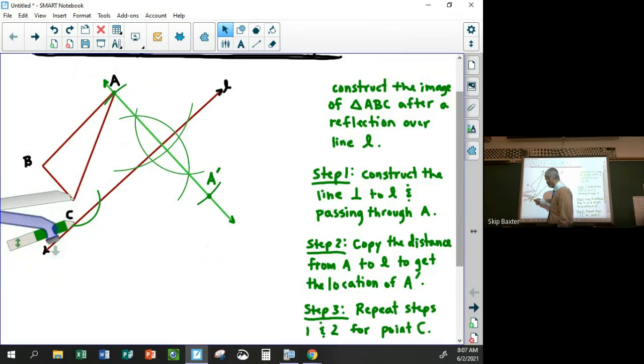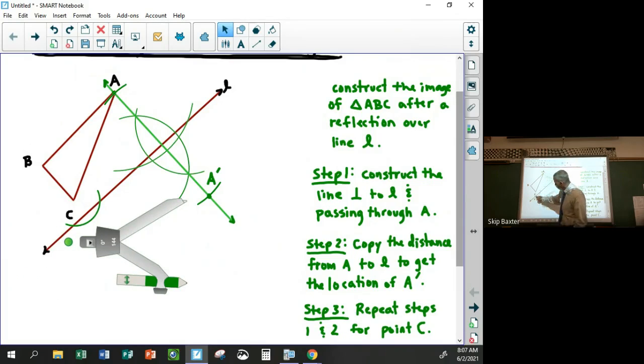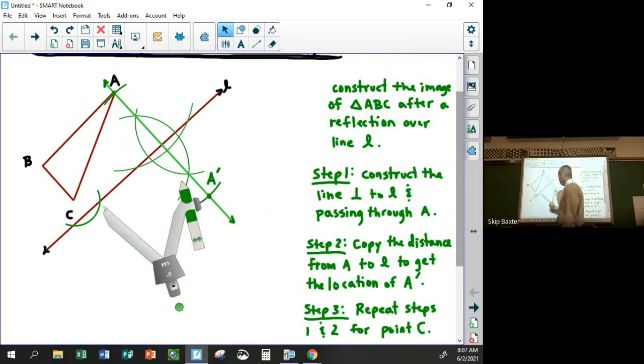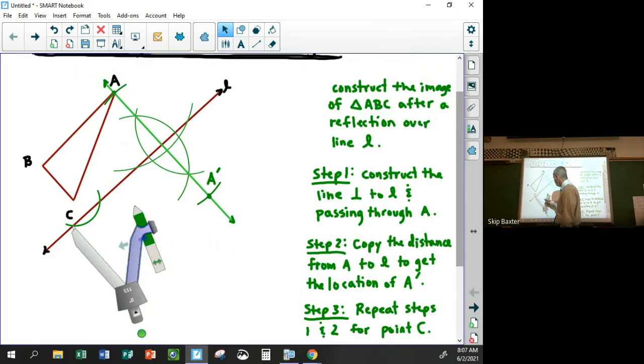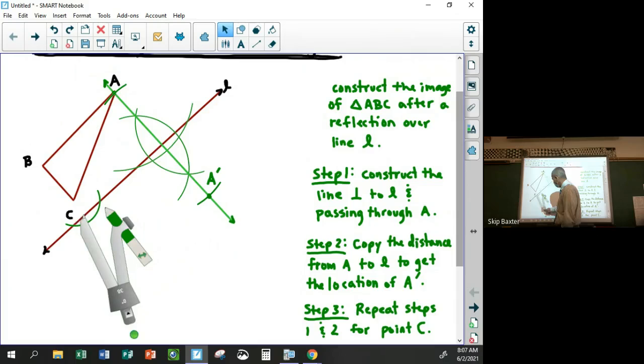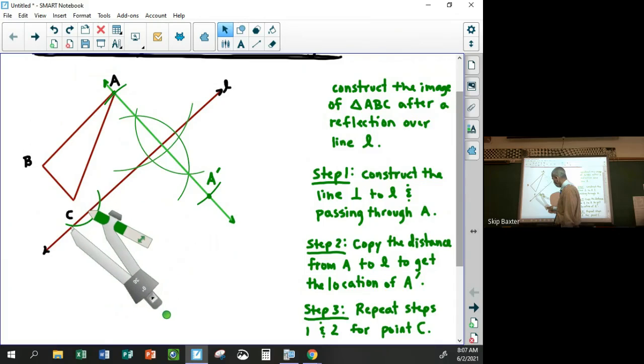Then I'm going to do the perpendicular bisector of that little piece of L. So I'm going to open my compass more than halfway, with the point of the compass at one of the end points. Make an arc. Flip it around. Make another arc.